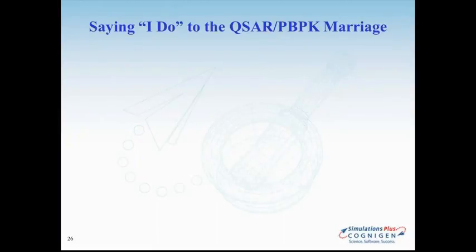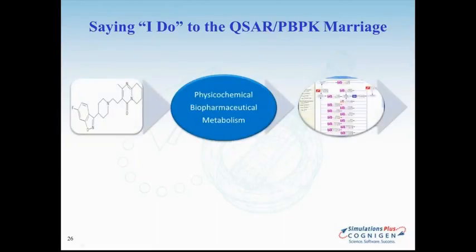If you click next, Michael, one of the things that we were able to do previously is take the chemical structures and predict a variety of different physicochemical and biopharmaceutical properties, like pKa, logP or logD, solubility, permeability, and use that information to predict in silico the passive absorption and the dissolution of drug along the GI tract.